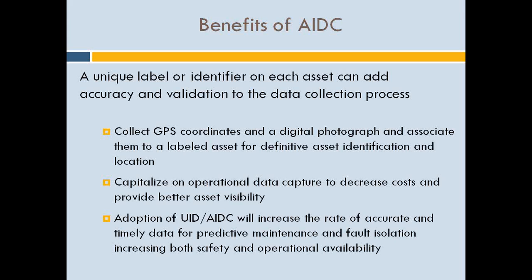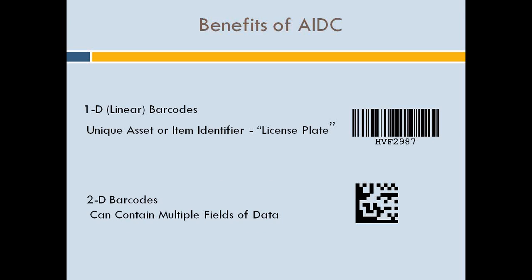Utilizing what we call UID, which is unique identification, and AIDC simply gives you the ability to get much more timely and accurate data into your system, both so that you can set up better predictive maintenance or simply improve safety and operations.